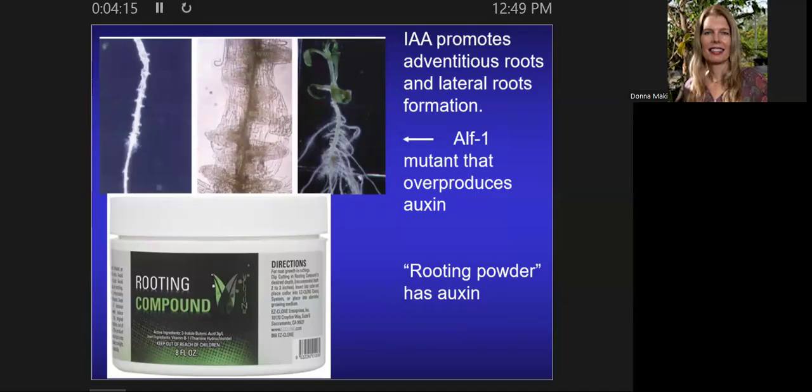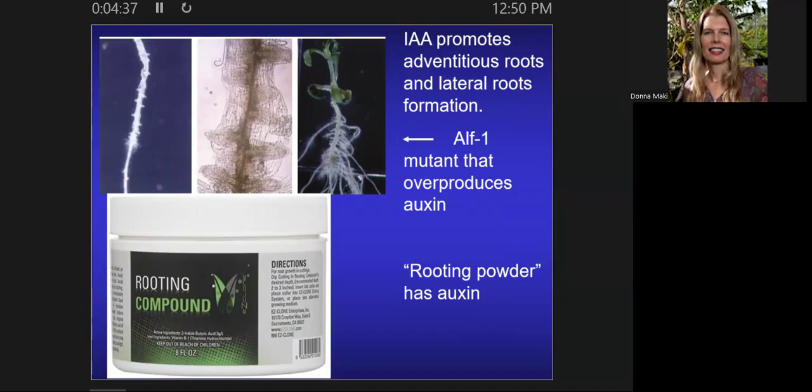They also know that auxins are good at getting the lateral roots to form. And here they're showing a situation where they generated a mutant that produces more than its normal amount of auxin, but not toxic levels. And it's really going crazy on lateral roots compared to the one on the left.